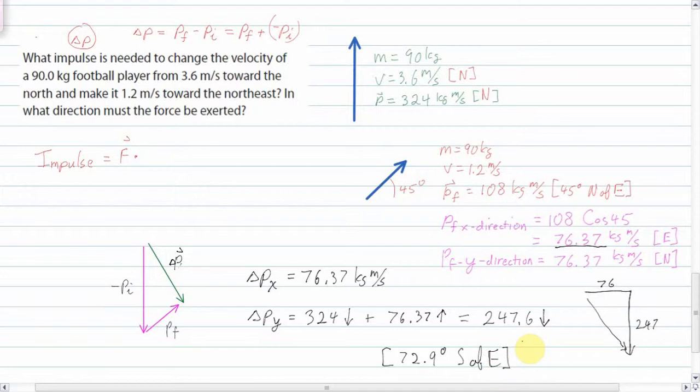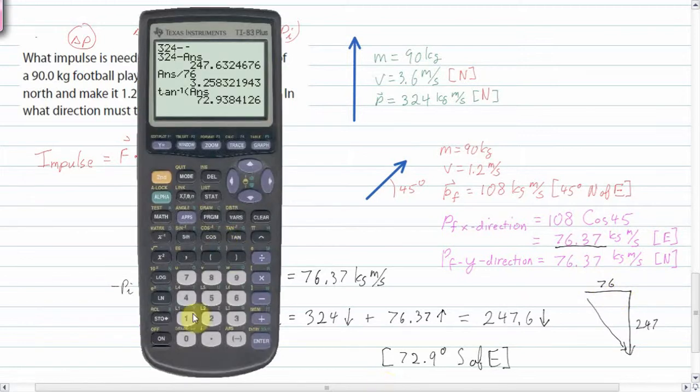And then what is the change in momentum? We have to do it Pythagoreanly. So what is it? 247.6 squared plus 76.37 squared, all square rooted. That gives 259.11 kilograms meters per second.